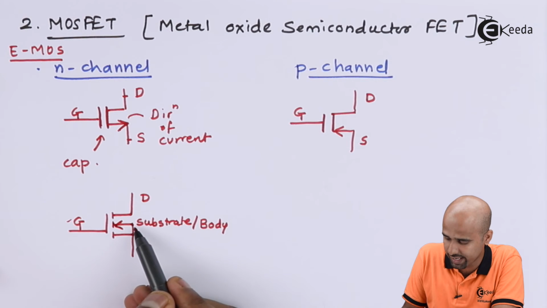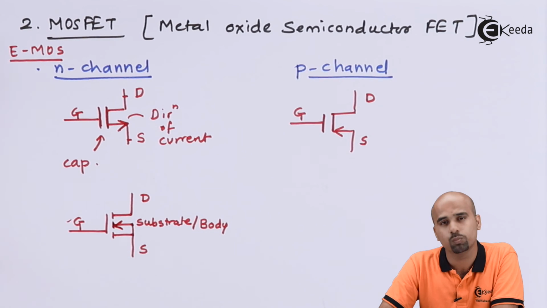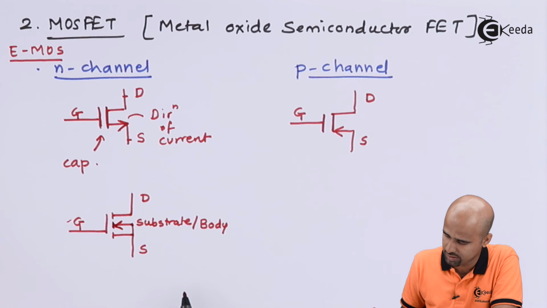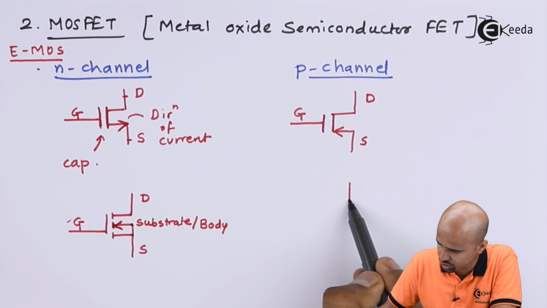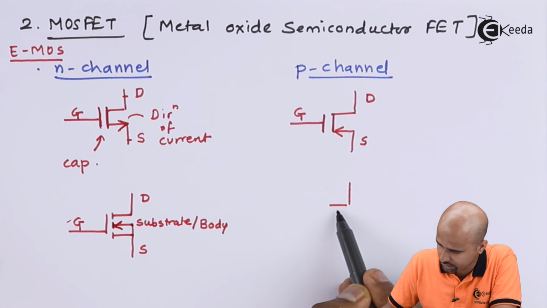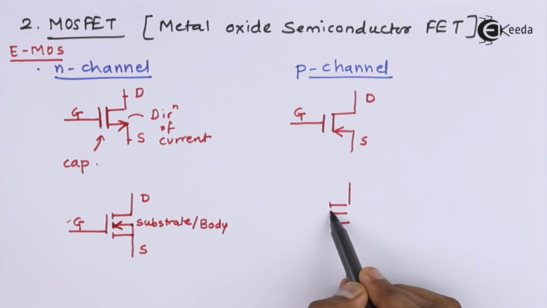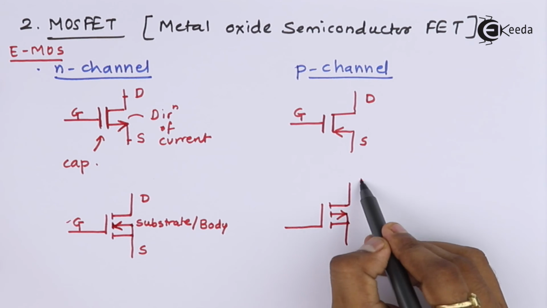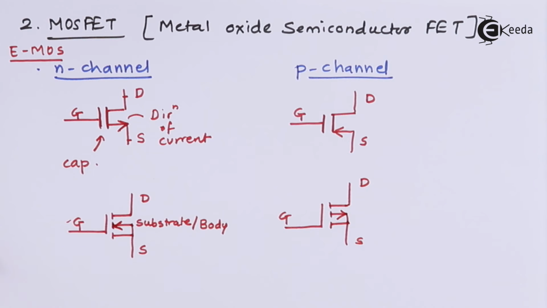So in this direction, we are having movement of minority charge carriers to form the layer of N channel. Similarly, for P channel, we will just change the direction. Right? So this is how the representation of E MOSFET is.